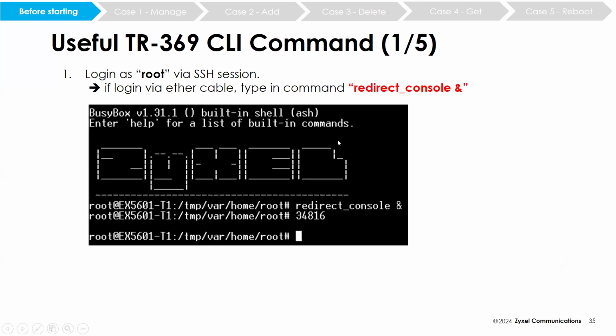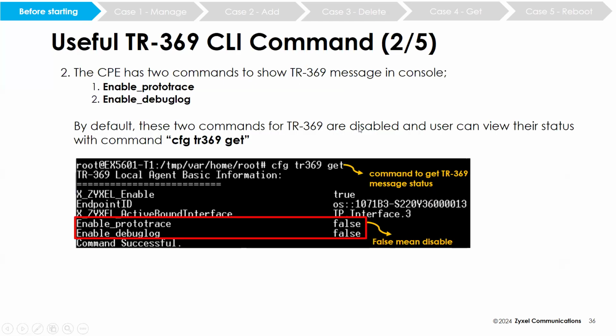Okay, so after entering the command line here, the first thing we need to do is make sure these two operation functions are already enabled on your CPE device or not. And we can use this command, the CFG-TR369 get, to check the current setting on our CPE devices.